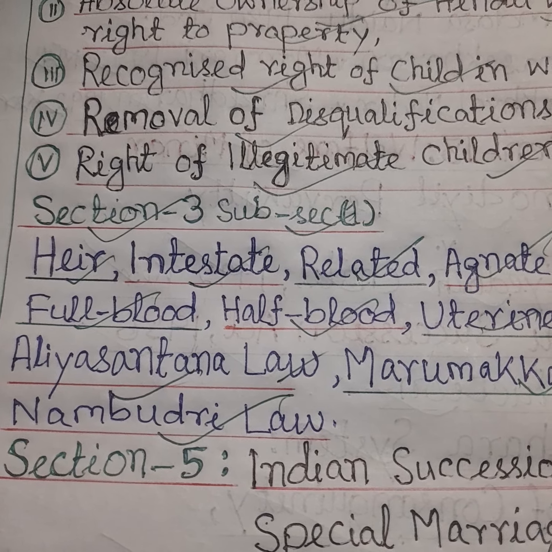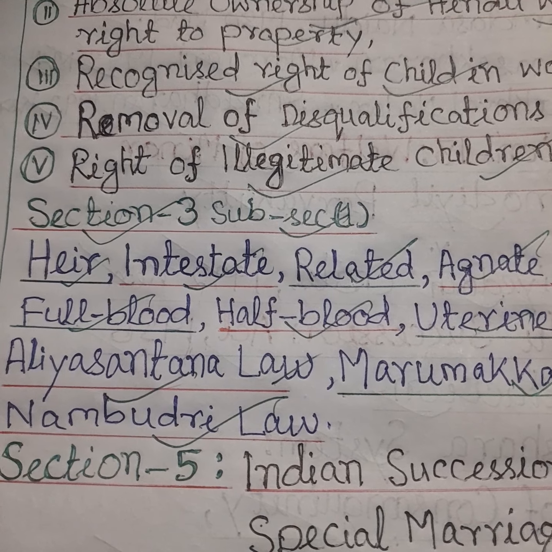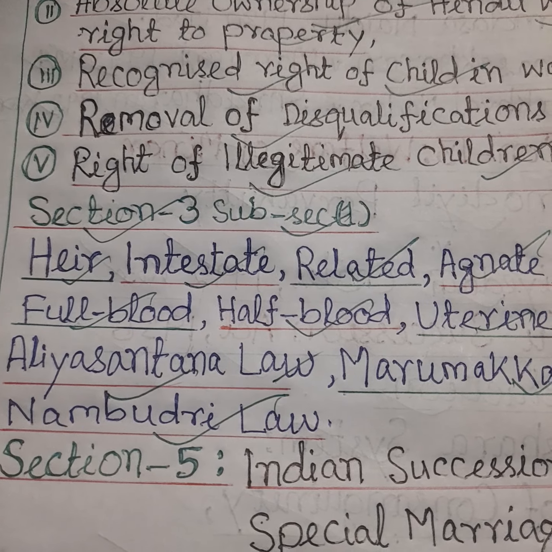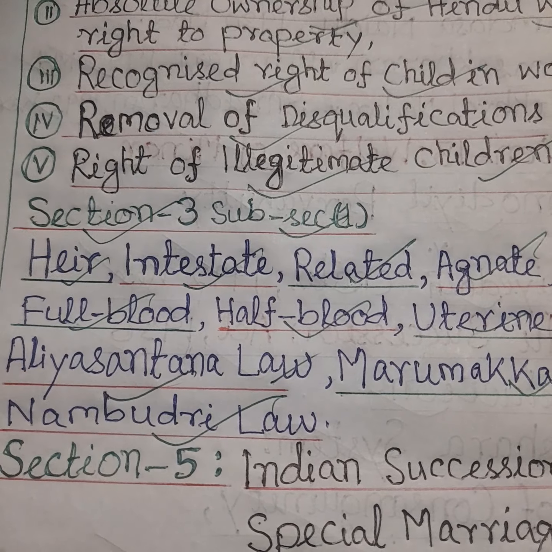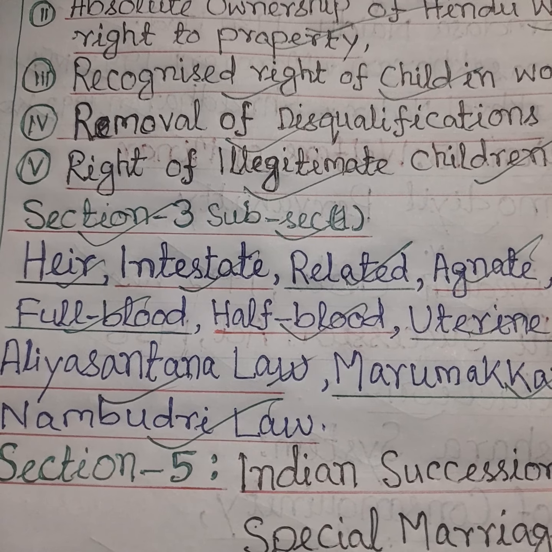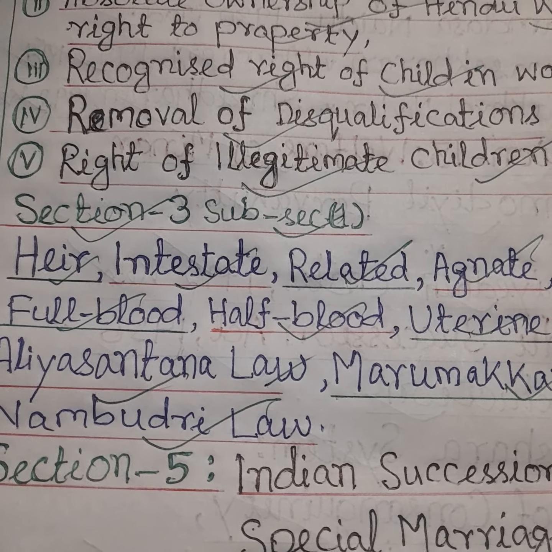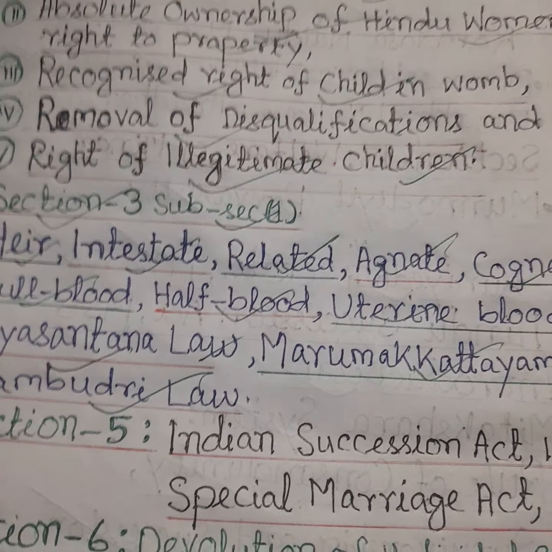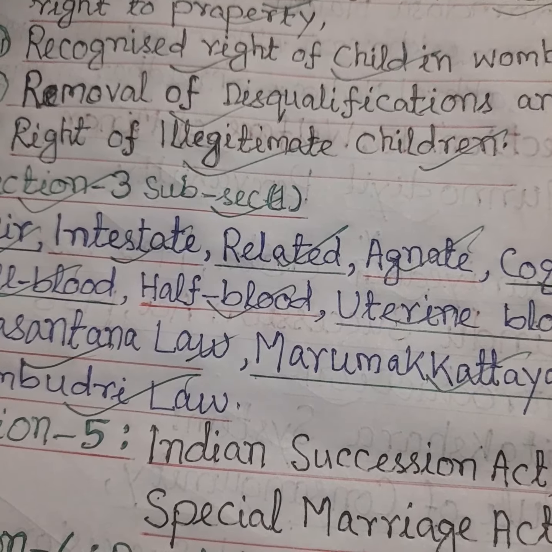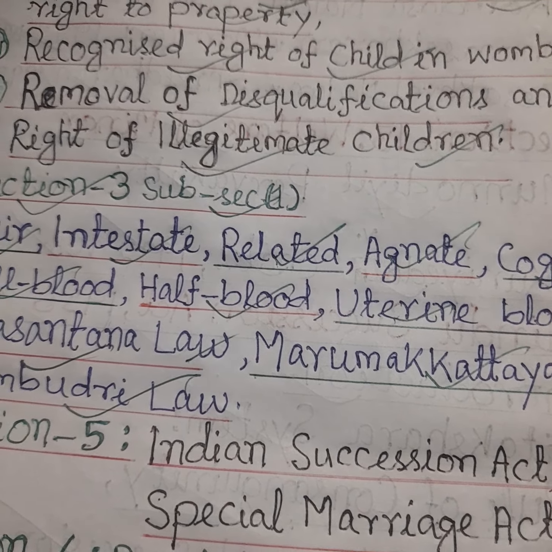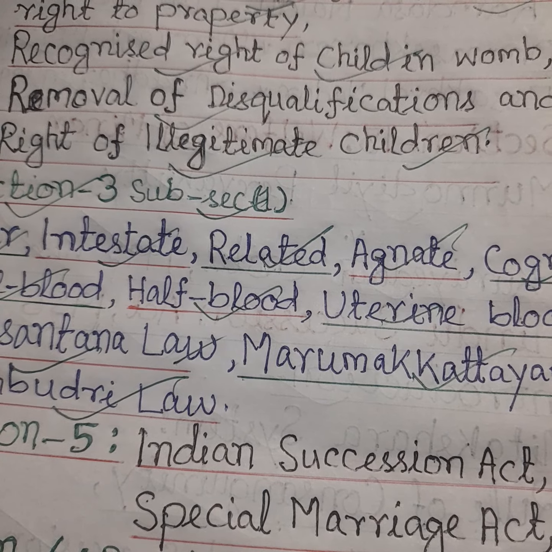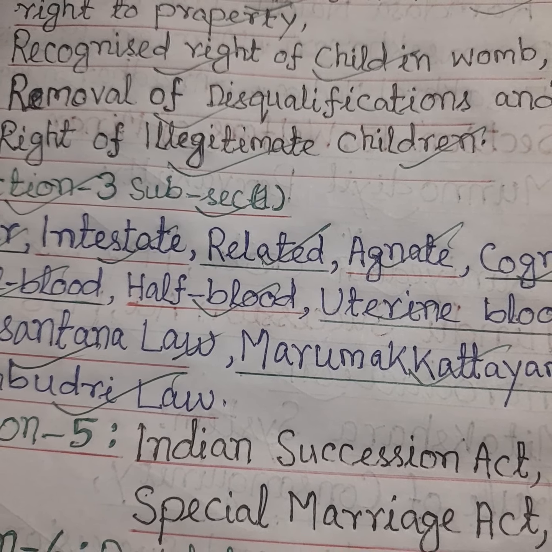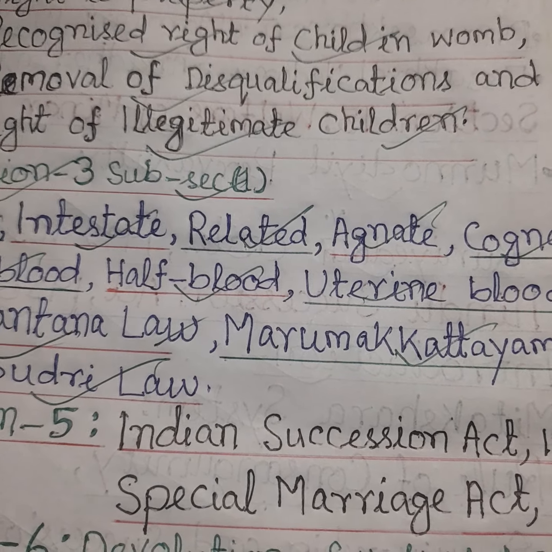Related means related by legitimate kinship, and kinship is created by blood or by adoption with lawful marriage. Agnate means a person related wholly through males, either by blood or by adoption.